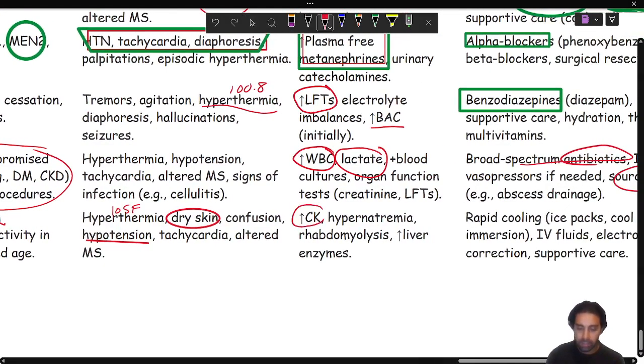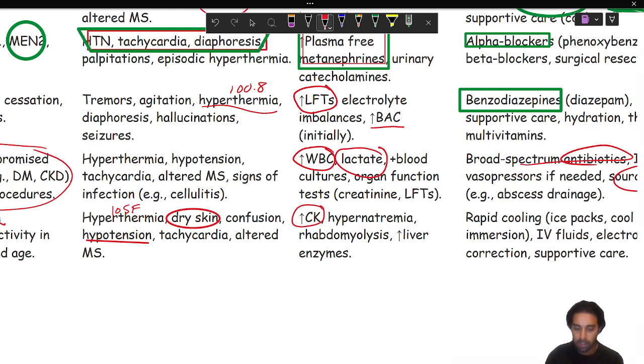And elevated CK could potentially happen. We've seen elevated CK in a lot of patients. Hypernatremia might tell you volume status, especially if they've been sweating, dehydrated, they're not drinking any water, they're not hydrating, they're going to get a higher concentration of sodium. And then potentially elevated LFTs.